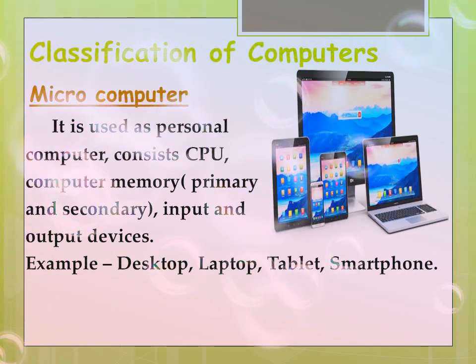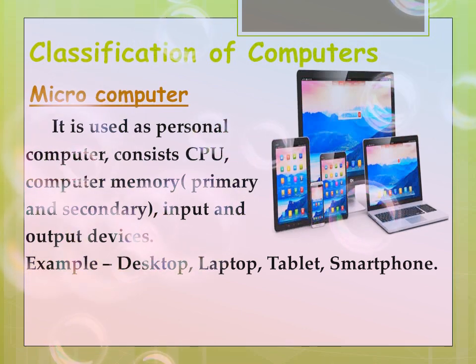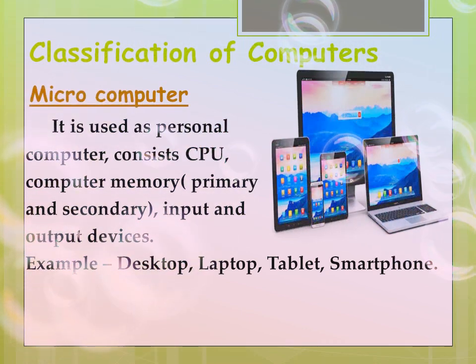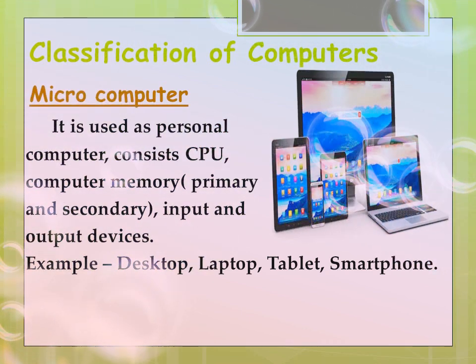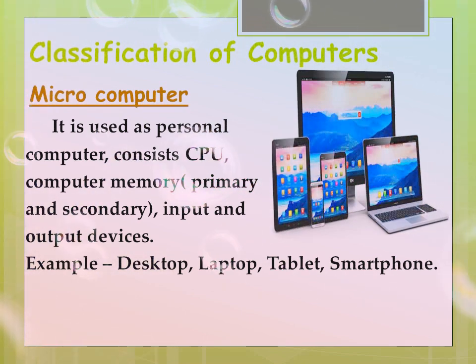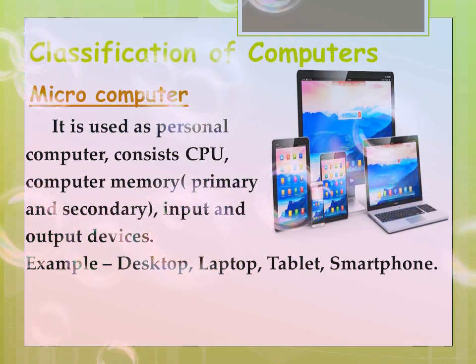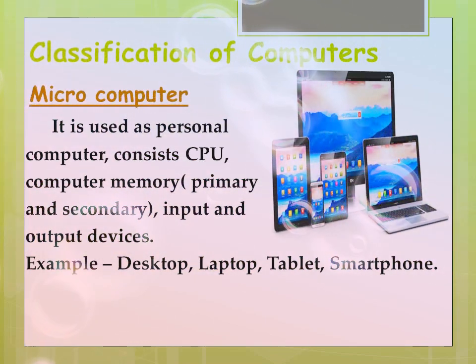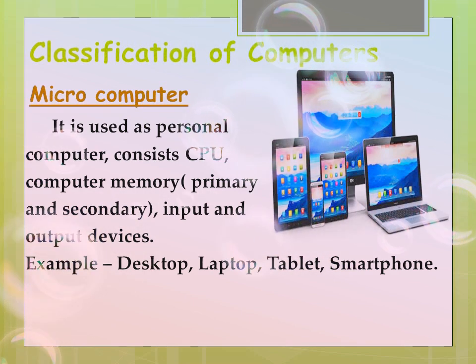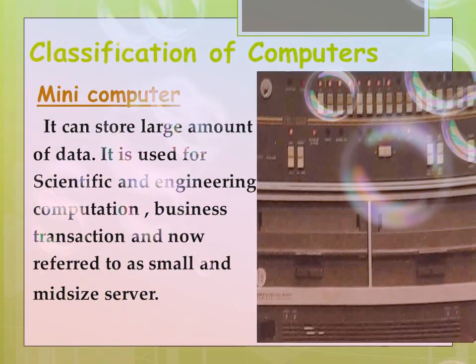It is slow and has relatively less storage capacity as compared to a minicomputer or a mainframe computer. It is mainly used in classrooms, homes, banks, offices, etc. The examples of microcomputer are desktop, laptop, tablet, smartphone, etc.